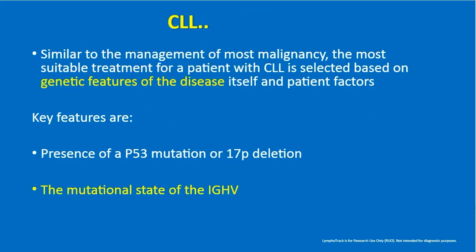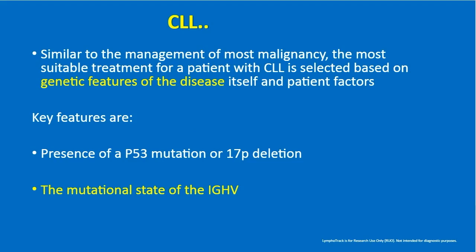So just like many other somatic-based malignant processes, such as solid tumors or especially lymphoma and leukemia, most of the management decisions are based on genetic features of the disease itself.